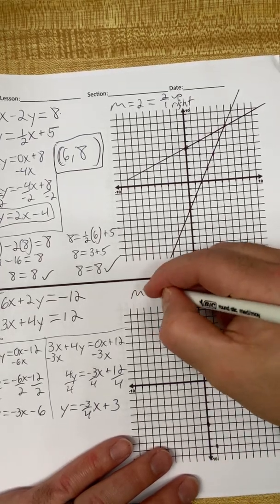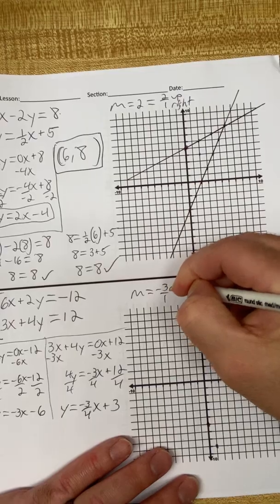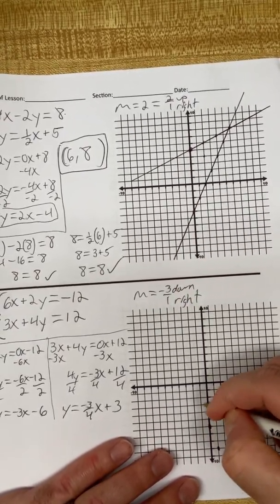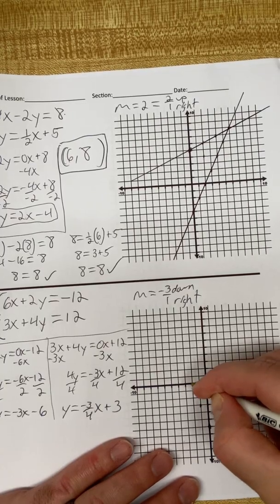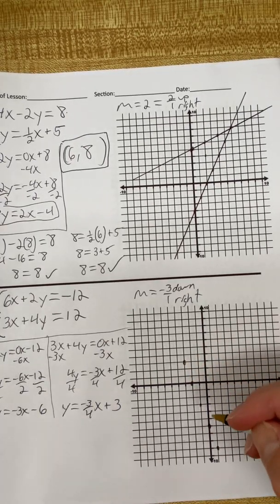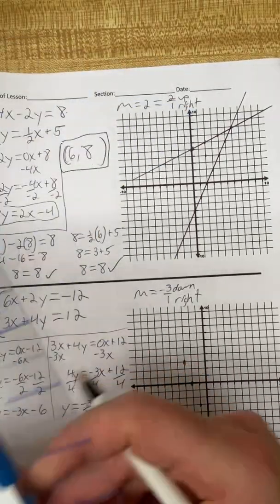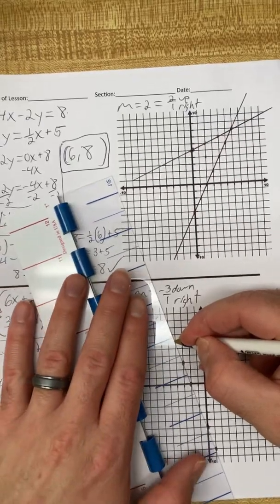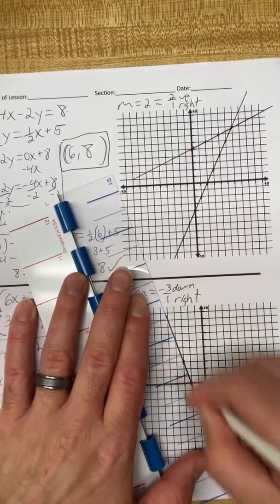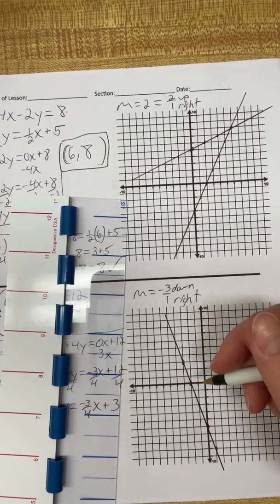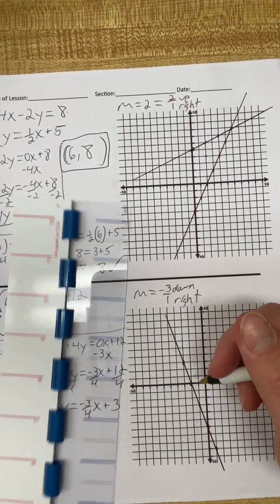Again, slope of negative 3. You're going to go down 3, right 1. You can also go up and left if you want. So there's our first line.